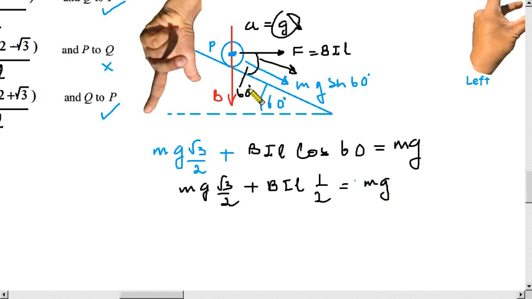Those things you should have in your head, the values of cos 60, cos 30, cos 45. So we multiply by not root 2, just 2. So here also 2. Then these cancel. Then alone root 3 mg plus BIL alone, 2 cancel, 2 times mg.